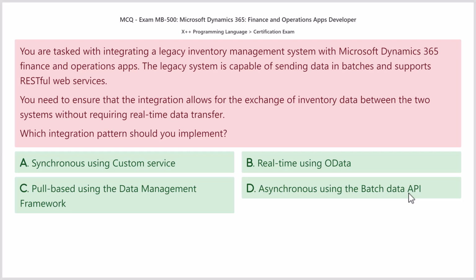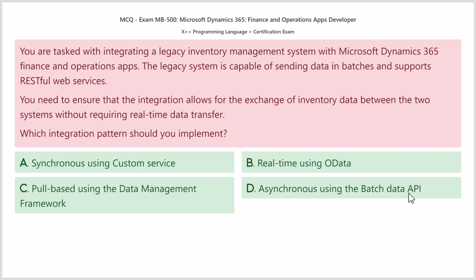Now, if you don't know about the batch data API, let me explain what it is. The batch data API is the RESTful API provided by D365 F&O for asynchronous integration using the data management framework, that is the DMF.